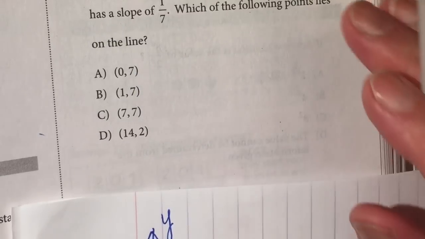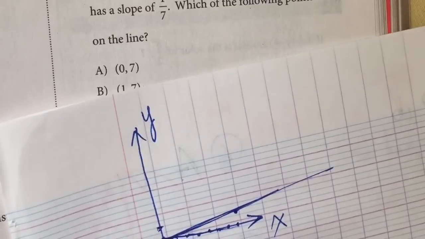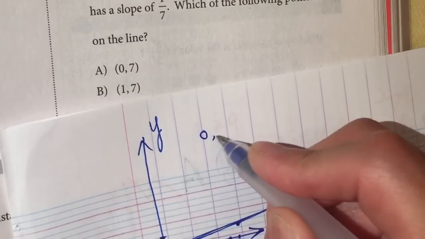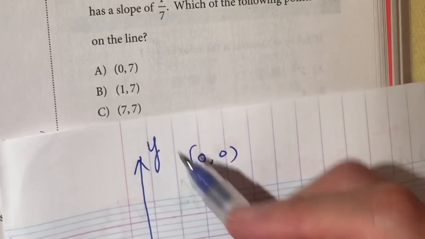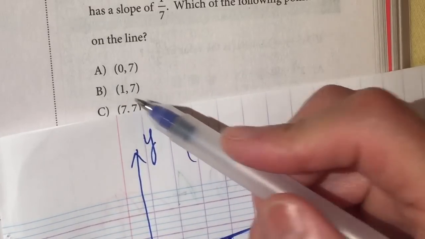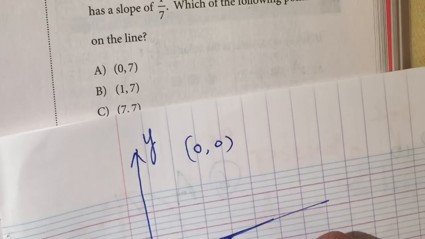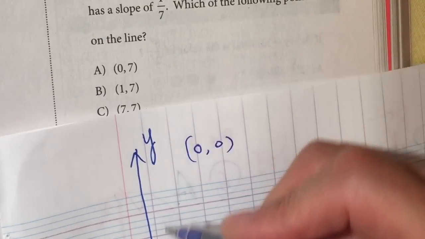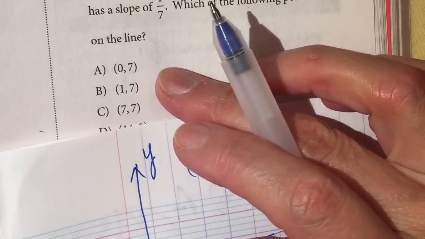1/7? No, it must not be on the line because it passes through the origin, so it passes through 0, 0. When one is 0, the other one cannot be 7. 1/7 means x is 1, y is 7, so it's just too steep, not right.